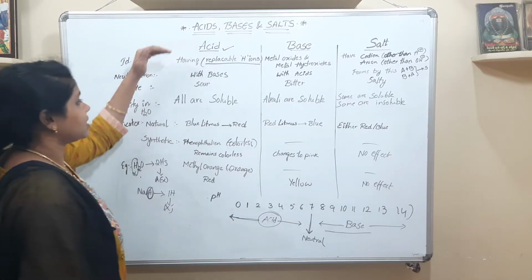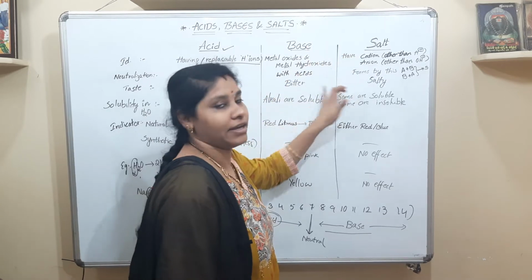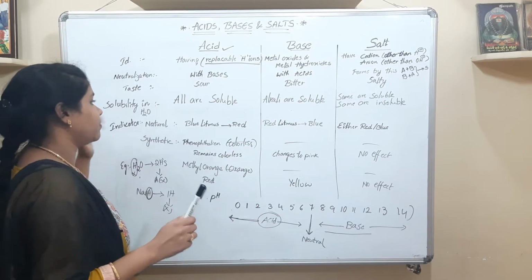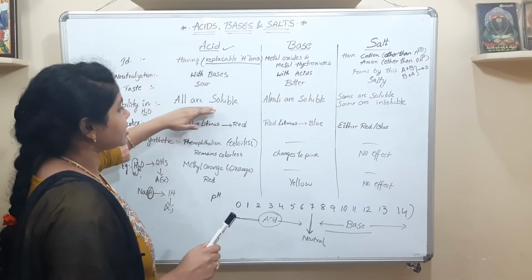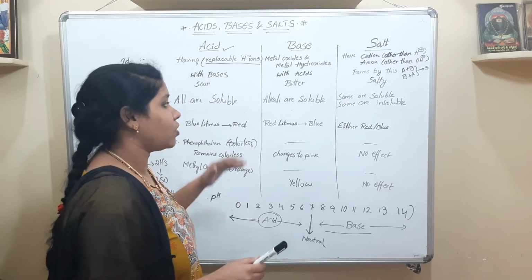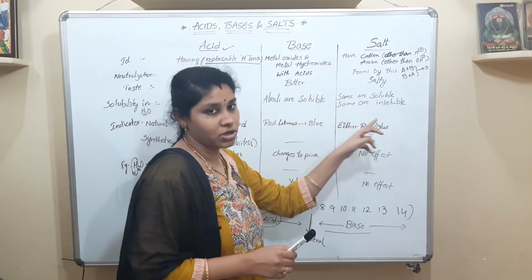Generally, acids are sour in taste, bases are bitter in taste and salts are salty in taste. Coming to the solubility of these compounds in water, all the acids are soluble in water and all the bases are not soluble, only alkalis are soluble, and salts, some are soluble and some are not soluble.